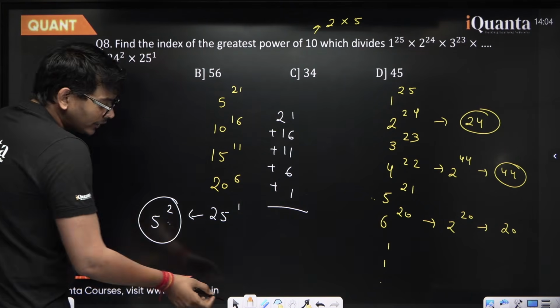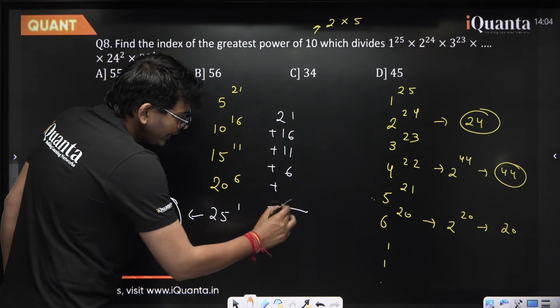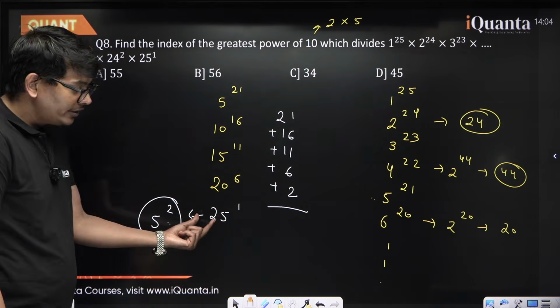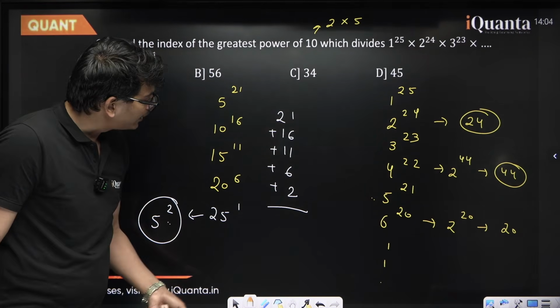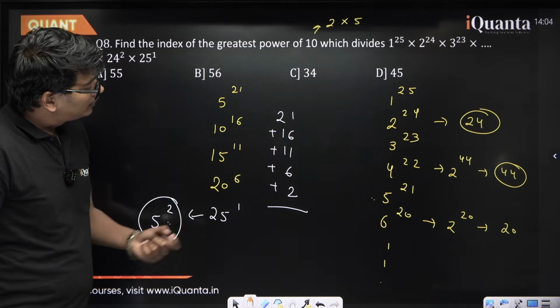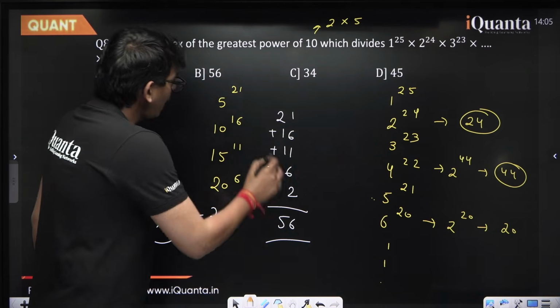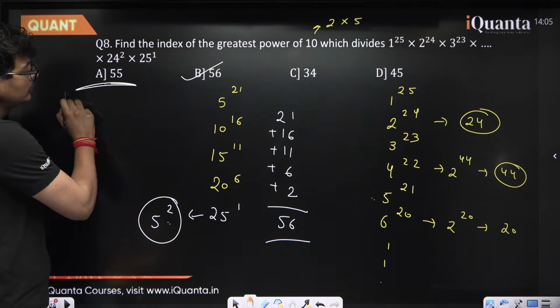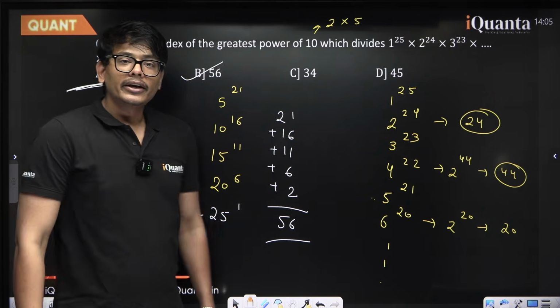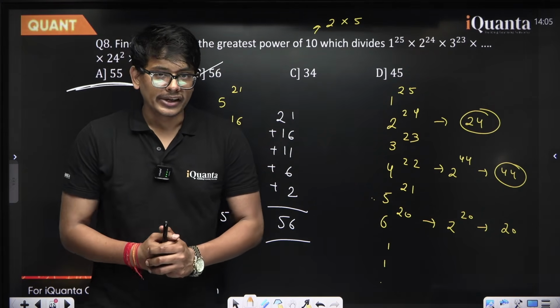So because of this, you will not get 1 power, you will get 2 powers. This is a very interesting thing. Now let's add: 21 plus 16 is 37, 48, 54, 56. Options were also very close, right? So that's why the answer to this particular question will be 56.